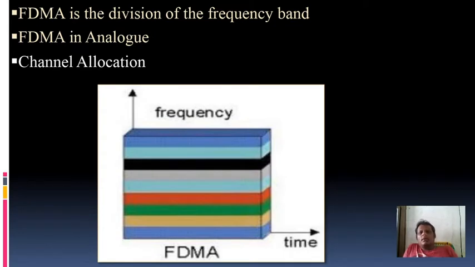So the complete spectrum is divided into subspectrums. One frequency band is allocated to one user. If the user of that frequency is not using it, then that spectrum is wasted. That means the channel allocation is done based on the frequency. So whenever the user is not using that frequency, it is a waste of bandwidth, a waste of frequency.